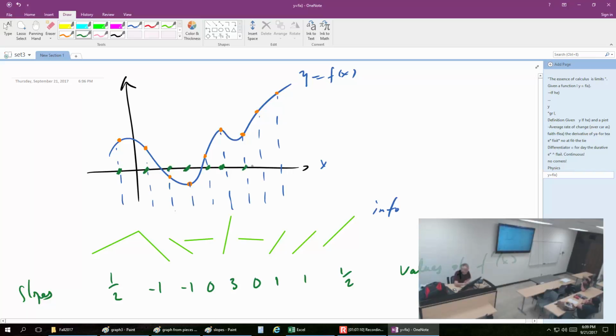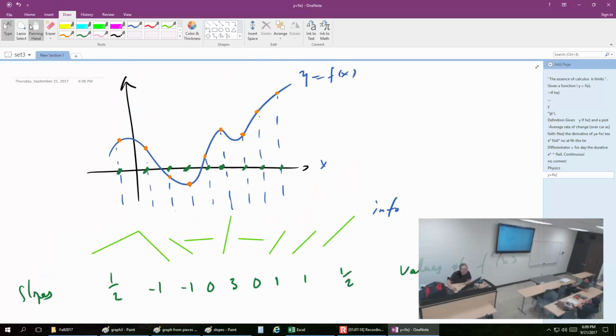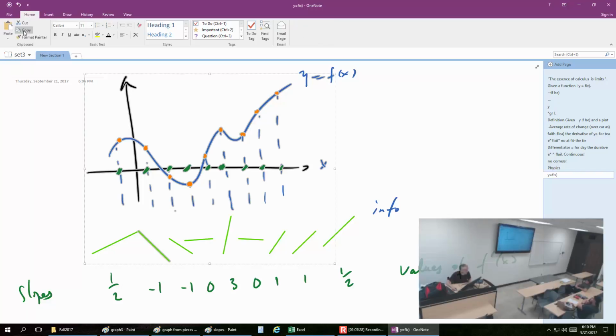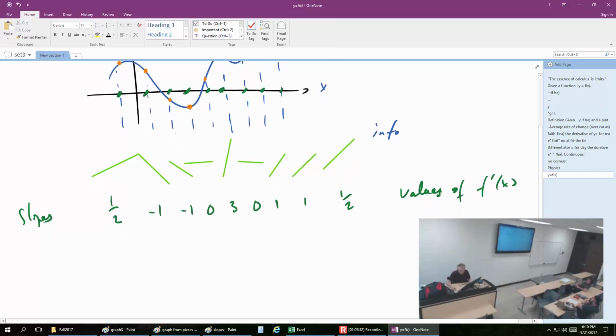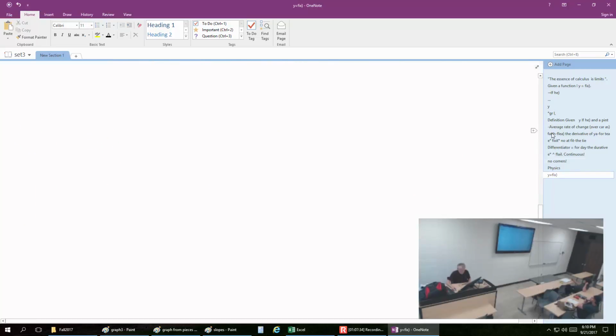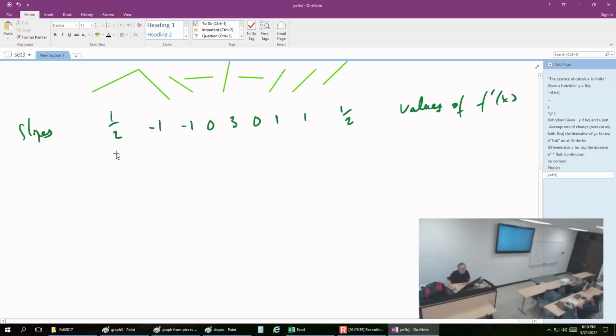Okay, so for each of these x's, I'll have this value plotted. Let me try copying. We don't need anything else. These numbers are the only ones that we care about at this time.